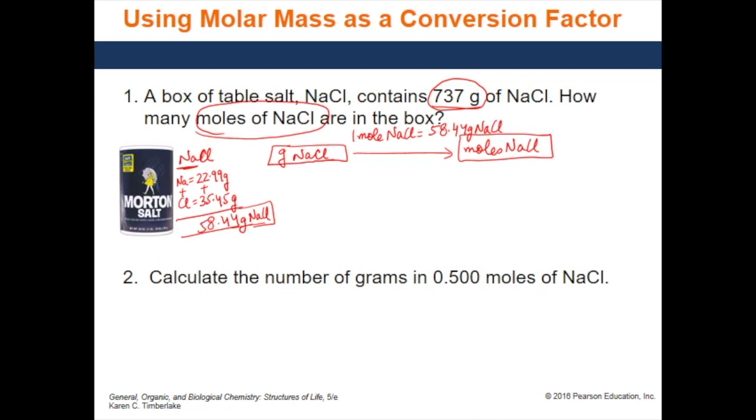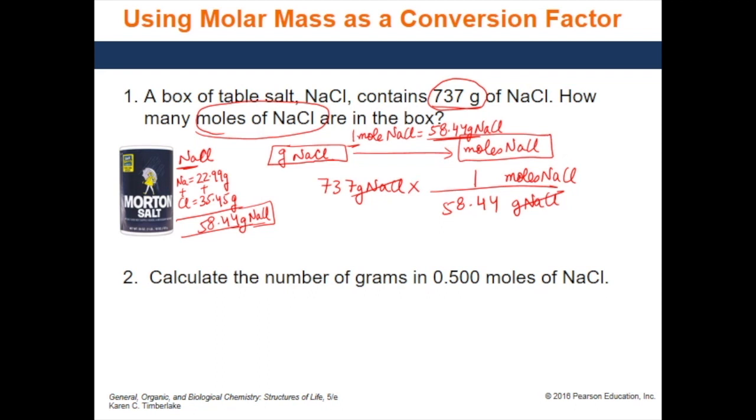So from here we can go between grams and moles. We start with what's given, which is 737 grams of NaCl. To cancel the grams, I divide by grams of NaCl and multiply by moles of NaCl. How many moles? 1 mole. How many grams? 58.44 grams. So grams and grams got cancelled.